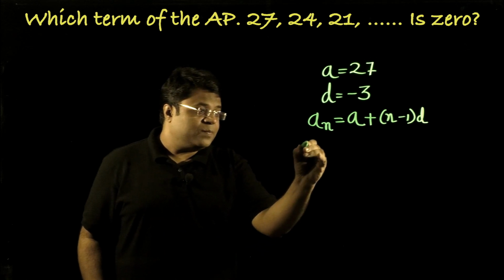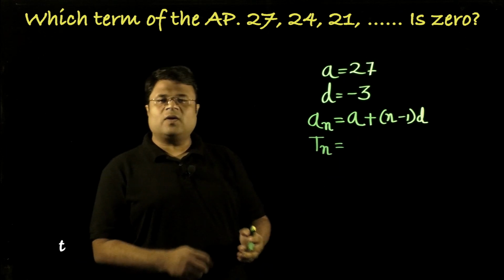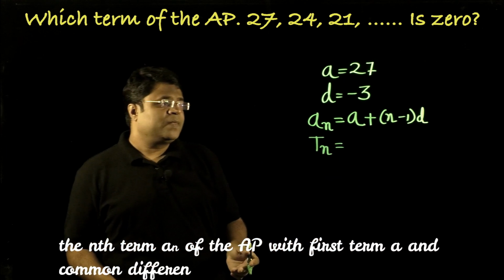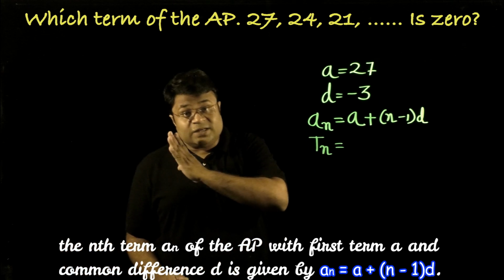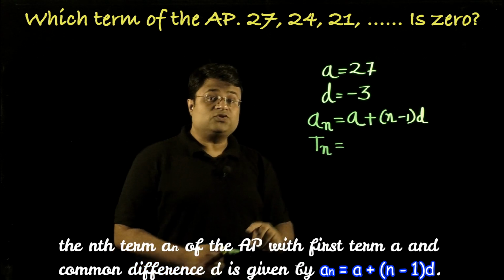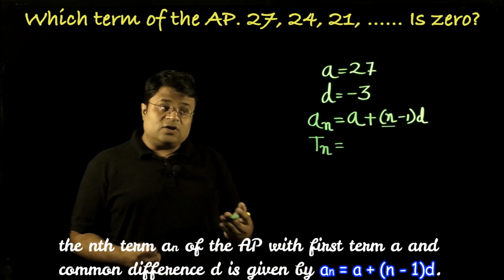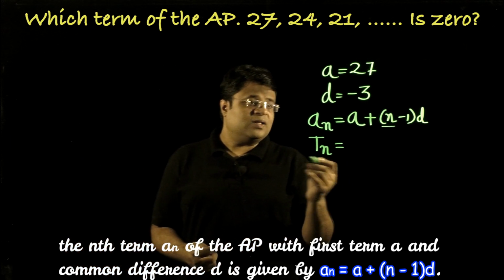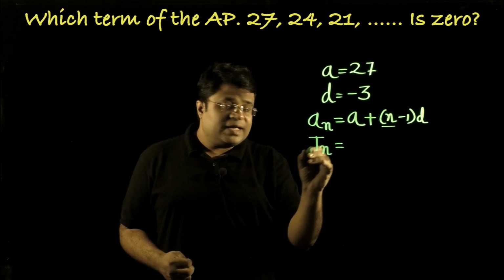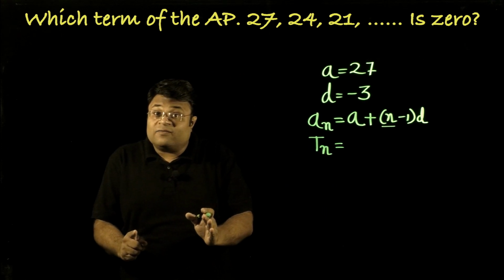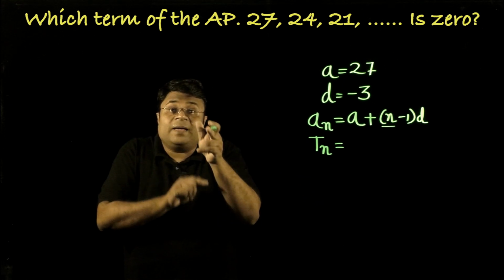Some people represent an with tn also, so the formula is the same whether you take an or tn. tn is the nth term, a is the first term, n is the total number of terms, and this time in this question we need to find n, and d is the common difference. Let's start putting the values here. Okay, so come on, what is the nth term? They themselves in the question have asked: 0 is which term of the AP?